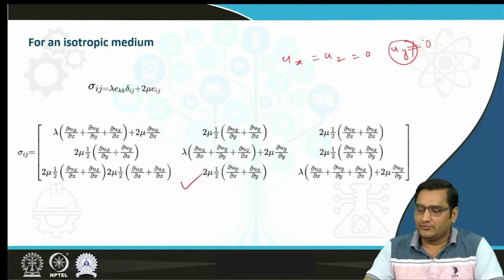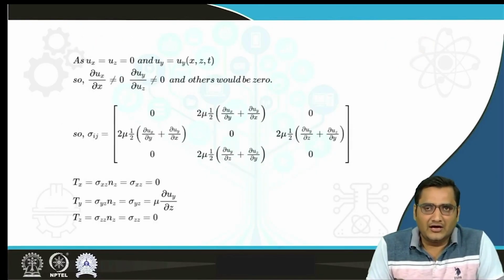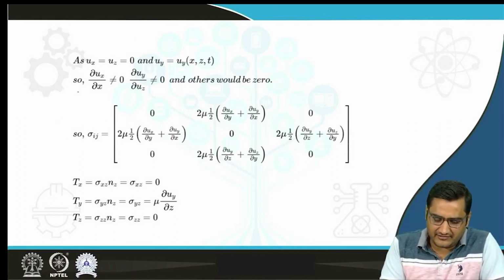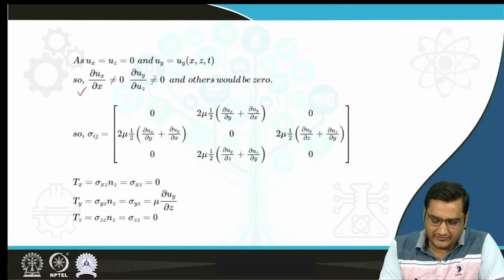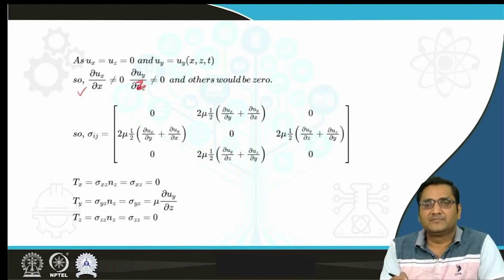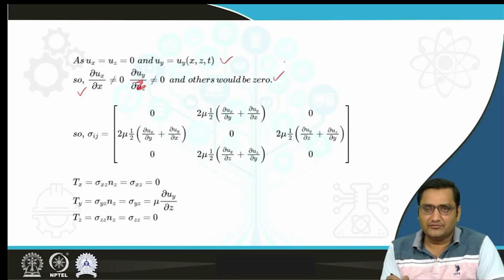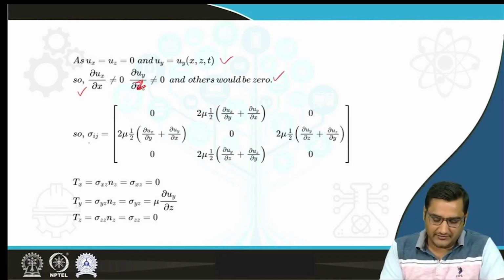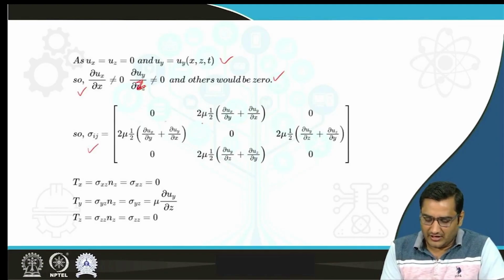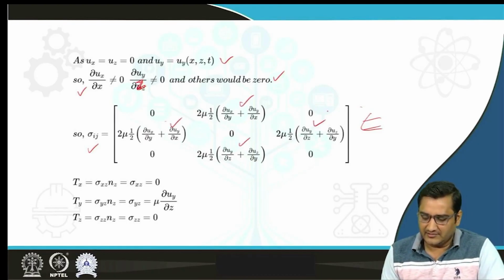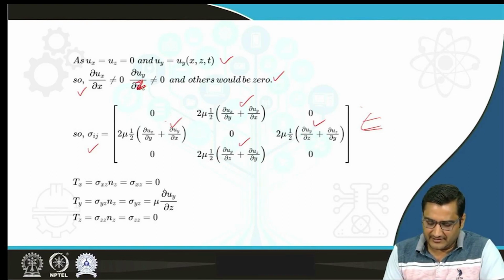And also there are two first derivatives: del ux by del x will be 0, and del uy by del z will be equal to 0. So basically, when you apply all these things into the matrix, what you remain with is sigma ij equal to this particular matrix, where the only non-zero terms will be this, and this. So as I told you, Tx is equal to sigma xz, and that will be equal to 0.